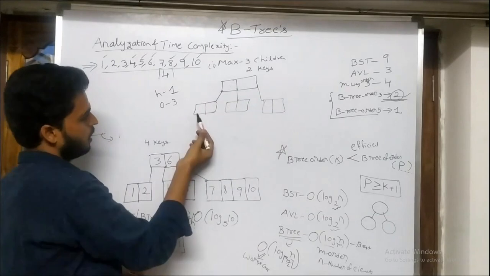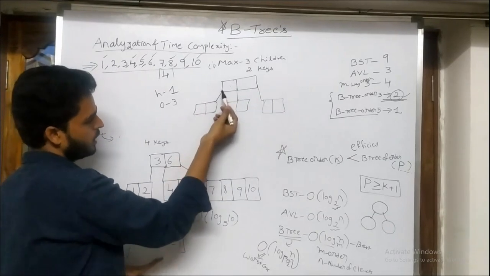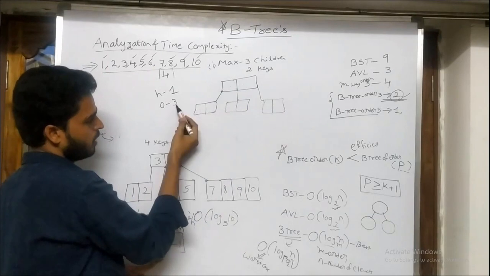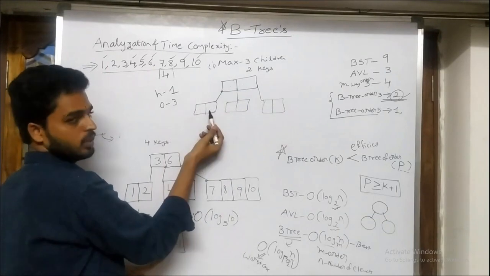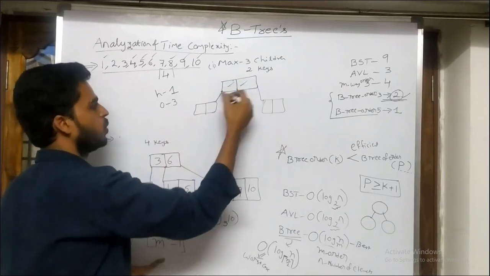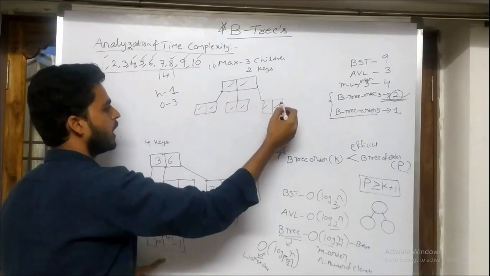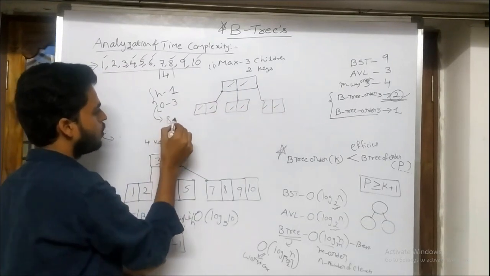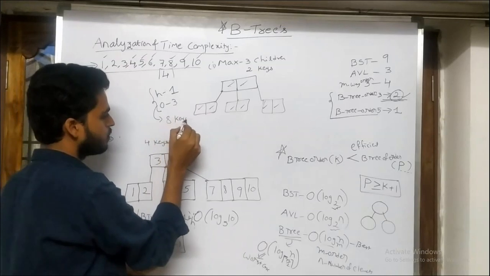That's it, right? If we include one more data, this height is 1; if we include one more value here, the order will change. So I can have 1, 2, 3, 4, 5, 6, 7, 8. So for a B tree of height 1 and order 3, I can allow only 8 keys.